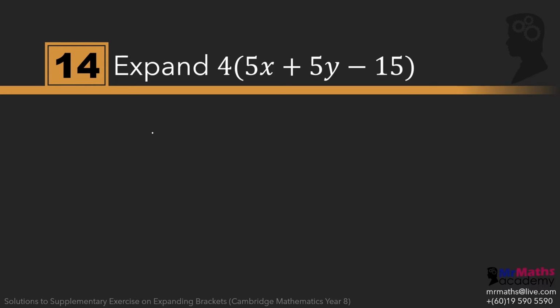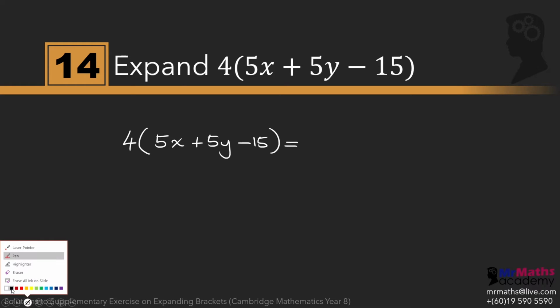Now we have a 3-term expression inside a bracket here to be multiplied by 4. So 4 times 5x plus 5y minus 15. The concept is the same, just that you have more terms than the previous questions. So now we are going to multiply each of the terms inside the bracket by 4.